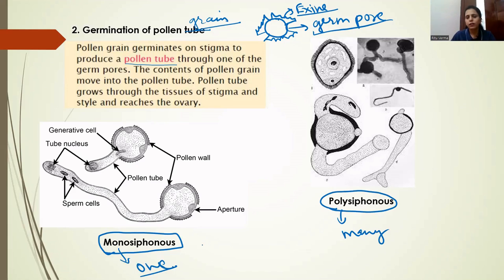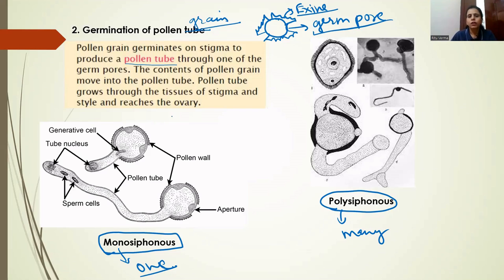Monosiphonous is the condition in which only one pollen tube is formed through the germ pore of any pollen grain, and polysiphonous is the condition in which two or more pollen tubes are formed through two or more germ pores of the pollen grain.